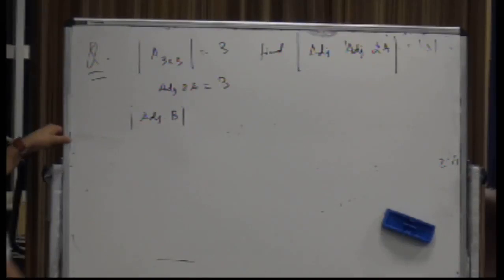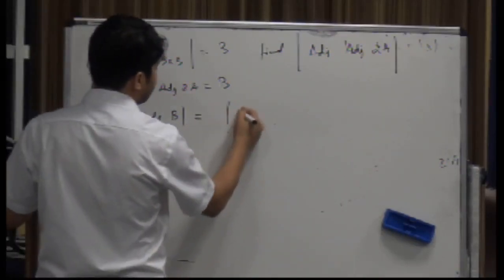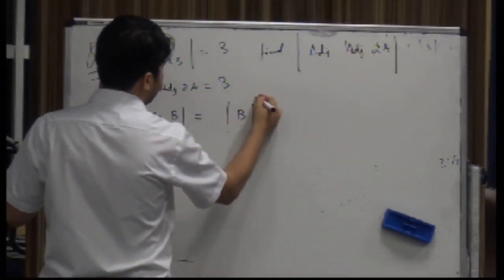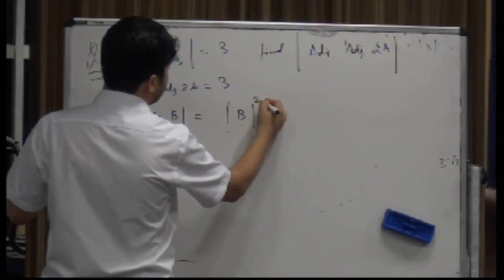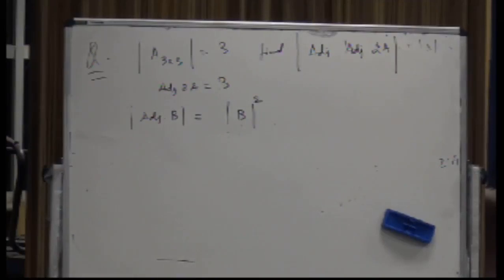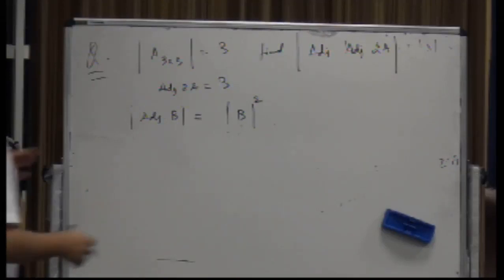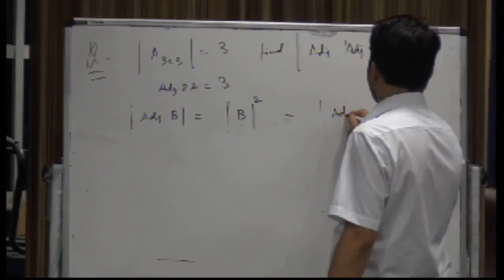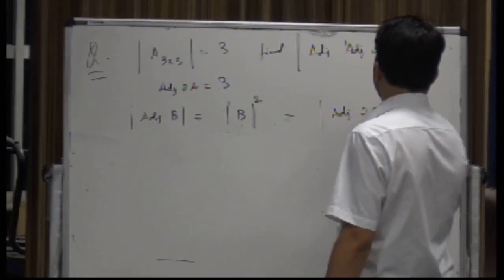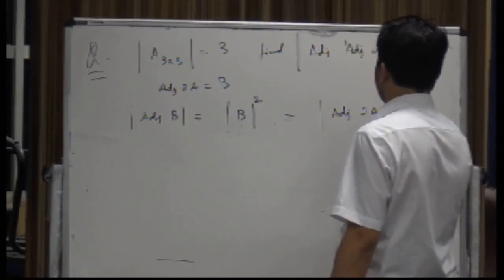And adjoint of B is nothing but mod of B to the power, that is 2. Okay or not okay? Okay. Now time to come up with adjoint of 2A.